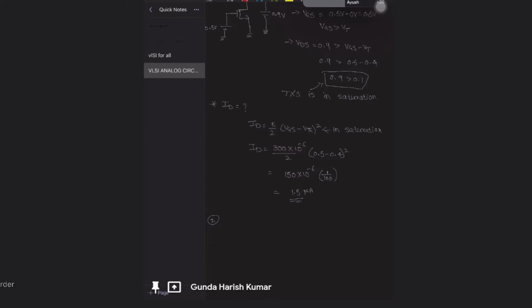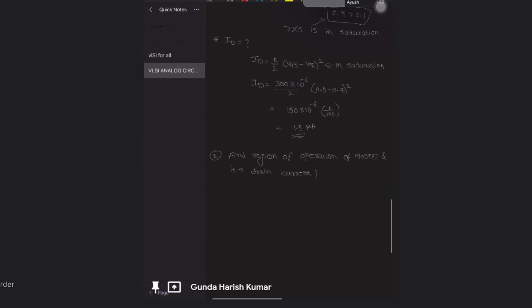Now I will take another example. Find region of operation of MOSFET and its drain current.